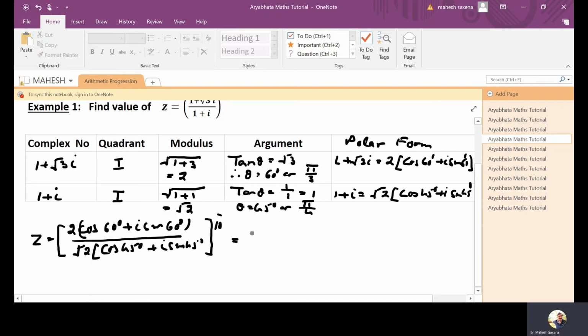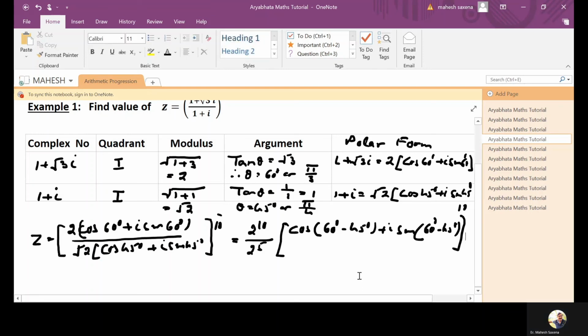Therefore, it can be written as 2 to the power 10 upon 2 to the power 5, (cos (60 degree minus 45 degree) plus i sin (60 degree minus 45 degree)) whole to the power 10.